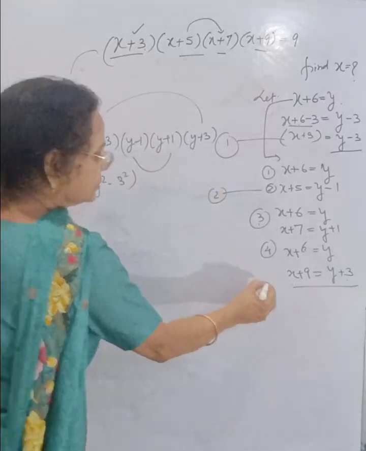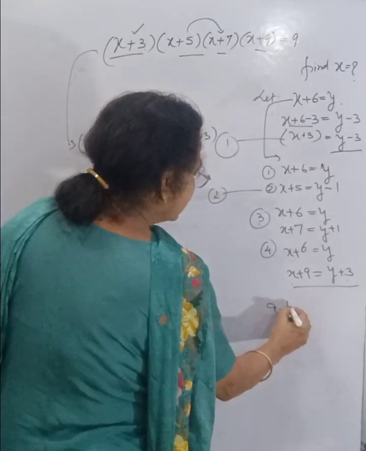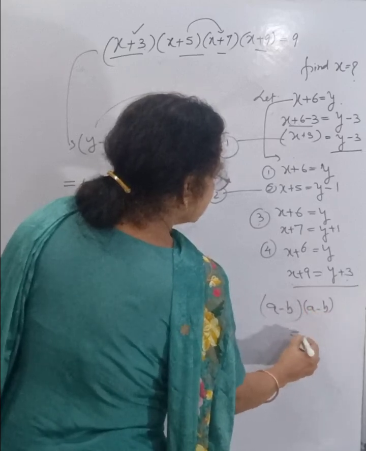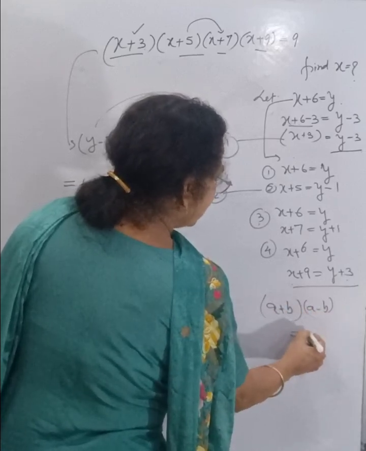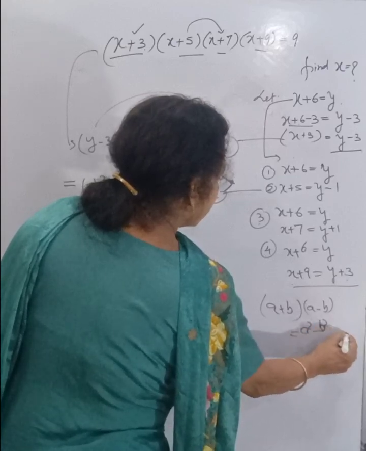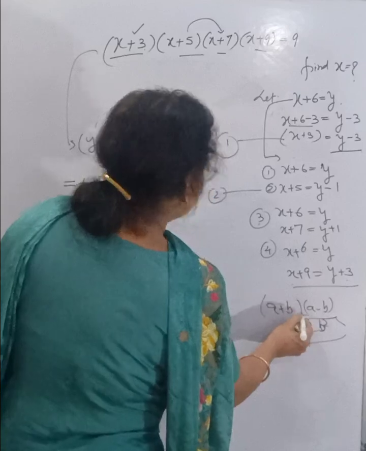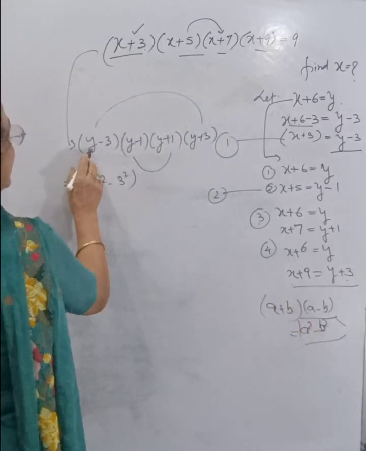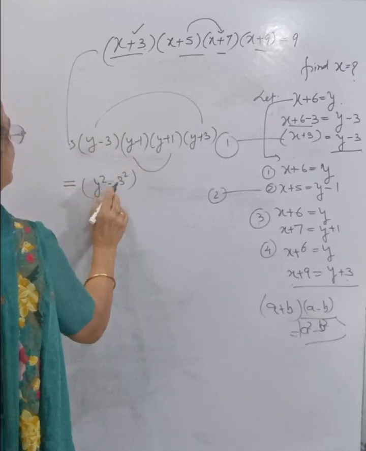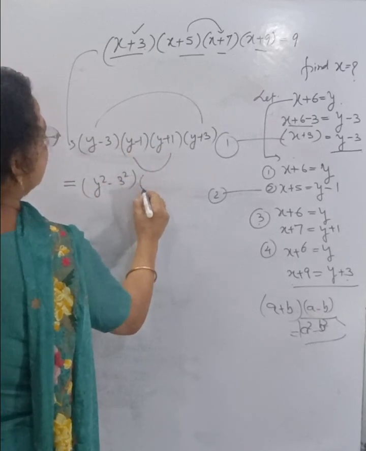As we know, (a minus b)(a plus b) is equal to a square minus b square. This is the logic used over here. Same is the condition over here.